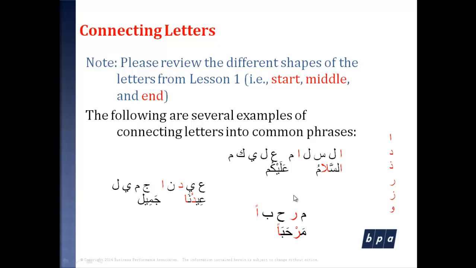It does not connect to the letter after it. For the Ha, only the top part is written. The Ba, only the front part is written. It does not have the ending, and it's connected to the Alif with the fathatain at the end. The word is read as marhaban, and it basically means hello.